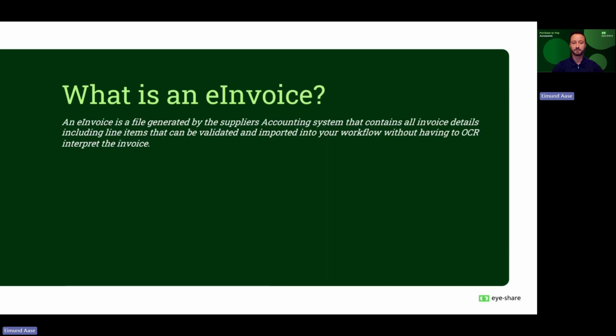So an e-invoice is a file generated by the supplier's accounting system. It contains all the data that you're already receiving on a PDF, which you receive either by mail, on paper, or at the email address. But as this is electronic, we don't have to use OCR where we interpret the invoice.